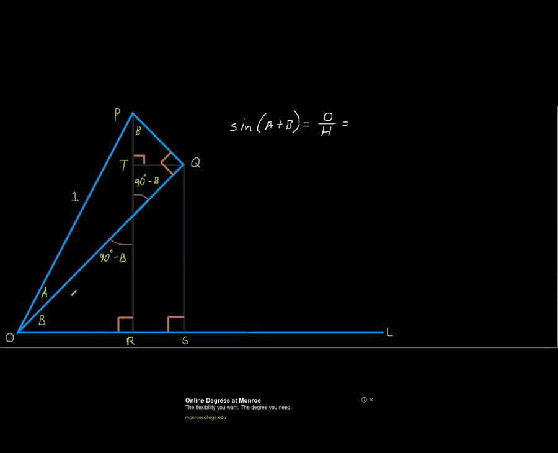Now if you look at the triangle OPR and look at this angle here, we can see that this angle is A plus B. We can see that the opposite side is PR, so we're going to put PR here. And we can see that the hypotenuse of this triangle is 1, so we're going to put 1 here.